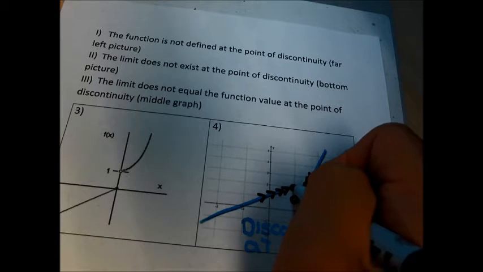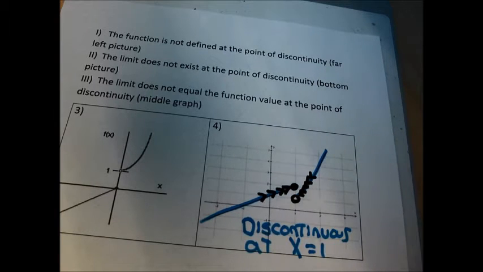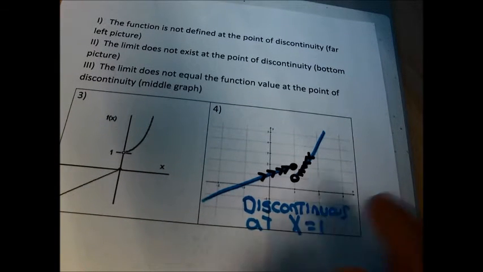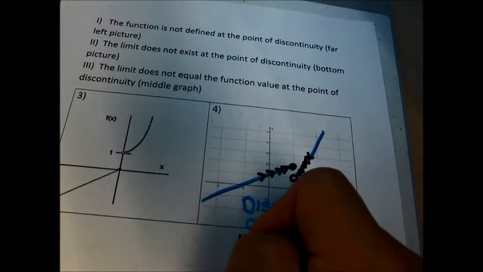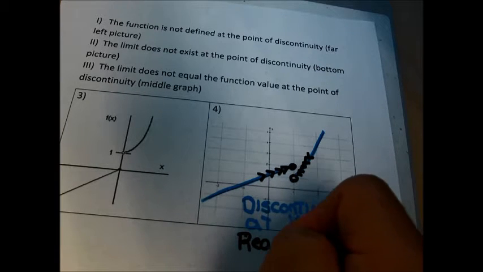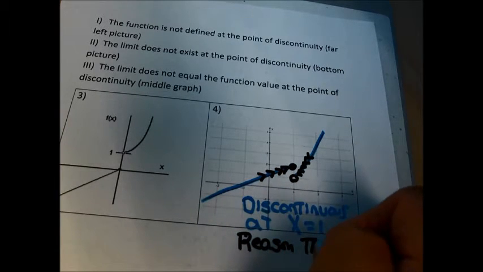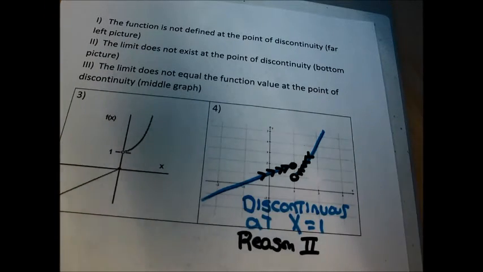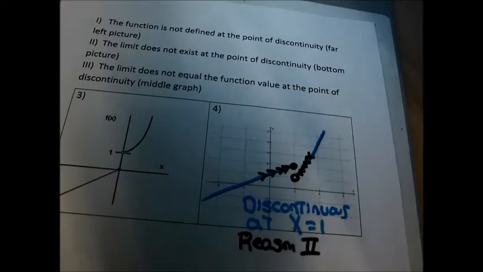Because the left-hand limit and the right-hand limit aren't the same value, the limit doesn't exist at that point. So it's discontinuous at x equal 1, and the reason is reason 2. The limit doesn't exist at that point of discontinuity. Your question should have that same sort of vibe to it when you do question 3.